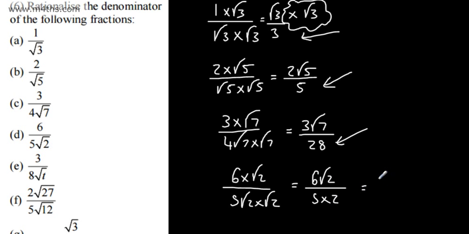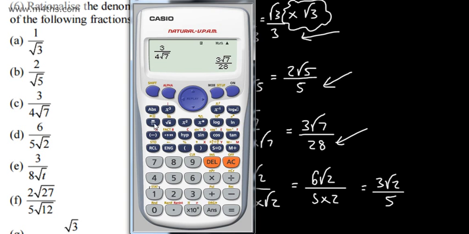I'm simply going to write that this is 3 root 2 over 5, and the reason I've done that is that we can cancel the 6 and the 2 to give 3. If you want to write 10 and cancel it, you can do, but if I type this into a calculator, we can write 6 over 5 root 2, and it will simplify after rationalising to give us 3 root 2 over 5, and we can see that.